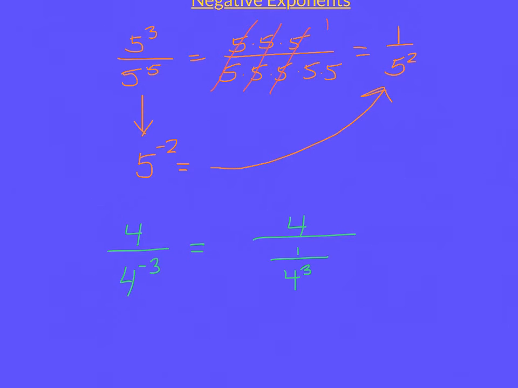As you know, if we're dividing by a fraction, that means multiplication of the reciprocal. So that 4 cubed really goes up on top. So we have 4 times 4 cubed, or 4 to the 4th power. So in other words, that negative here just says, bring this 4 to the 3rd power up to the top.